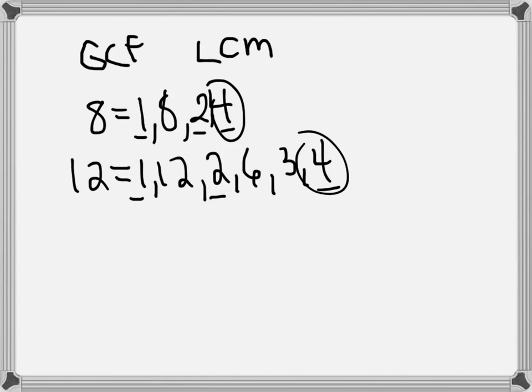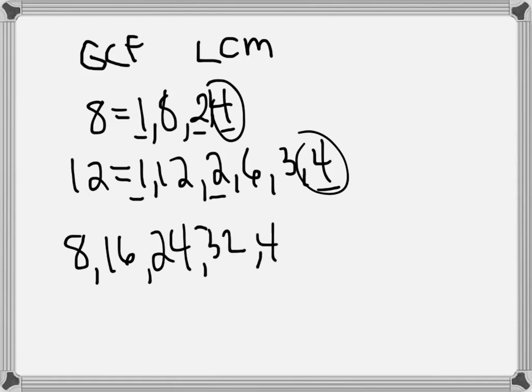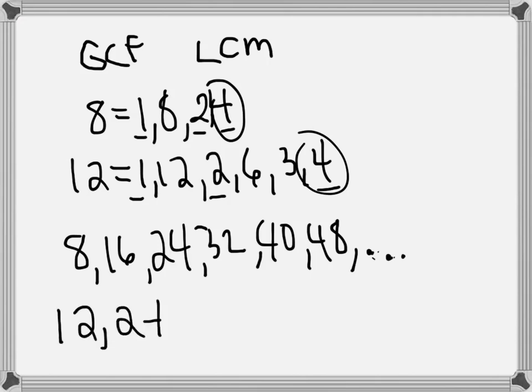If we think about multiples, if you count up by 8s, you would have 8, 16, 24, 32, 40 and 48, and then I'll just put the dot dot dot because it continues on. The number 12 has 12 and 24 and 36 and 48, and of course that continues on as well.